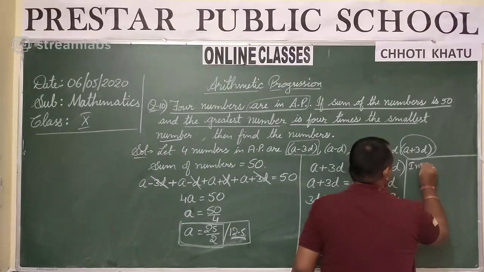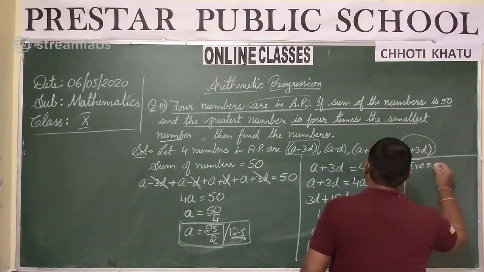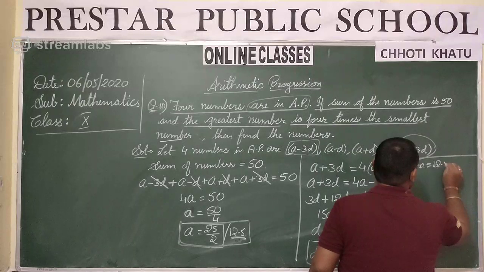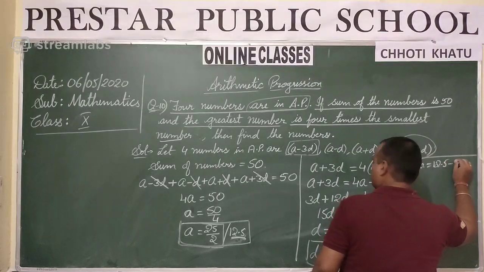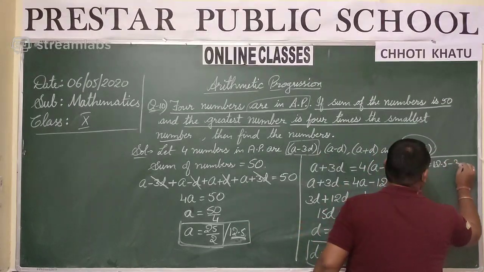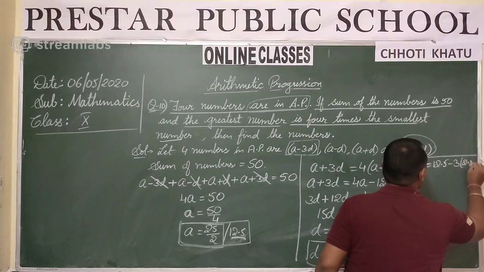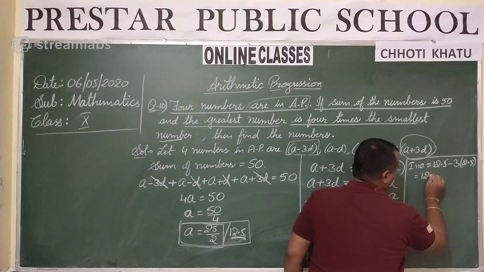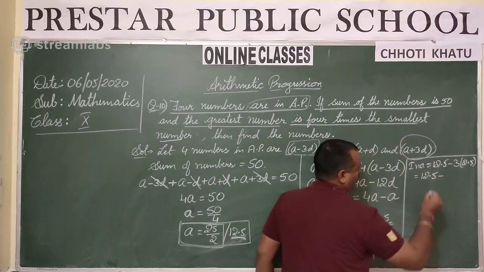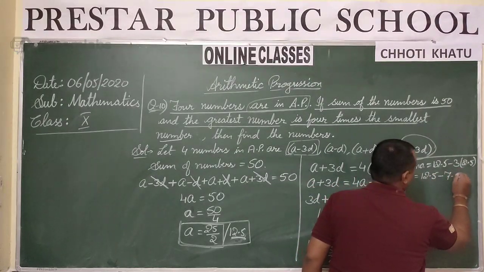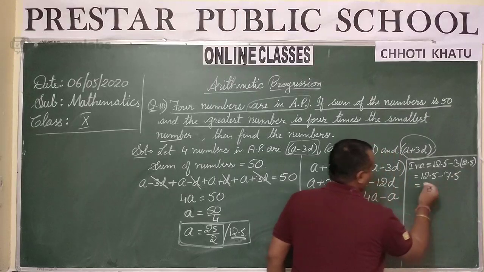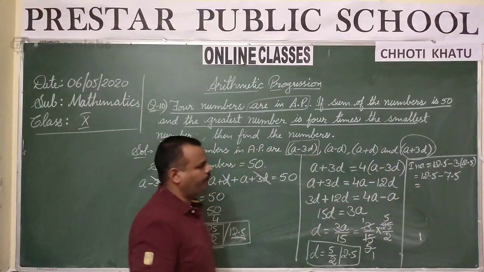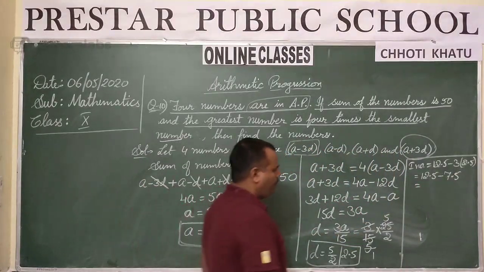So the first number becomes 12.5 minus 3 multiplied by 2.5. So it is 12.5 minus 7.5, and if you subtract 7.5 from 12.5, you have 5.